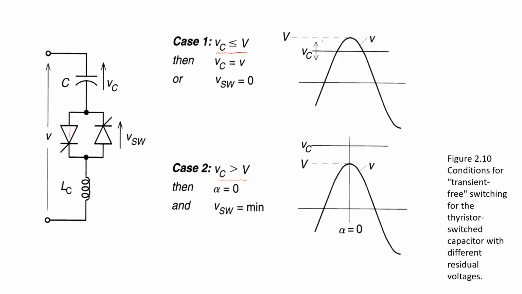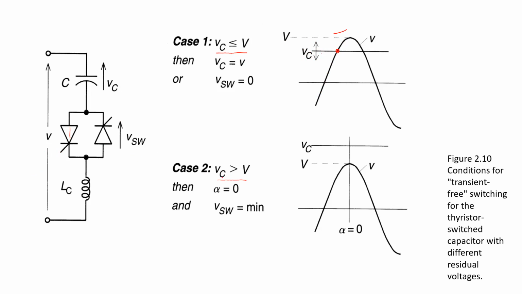Under such condition, this is the system voltage, and this is the charged capacitor value, which is equal to or less than the system voltage. The intersection point is the correct position where the thyristor should be triggered in such a way that it will give transient free switching.